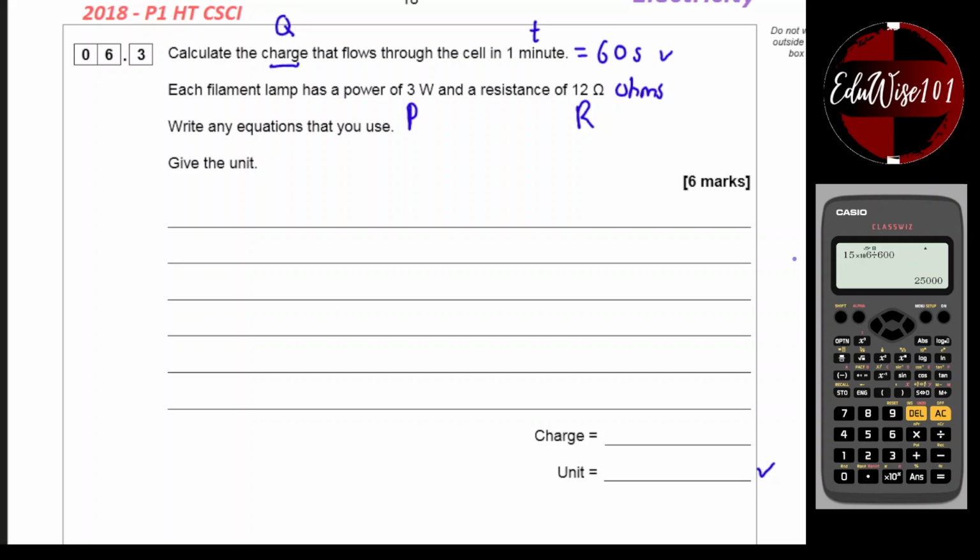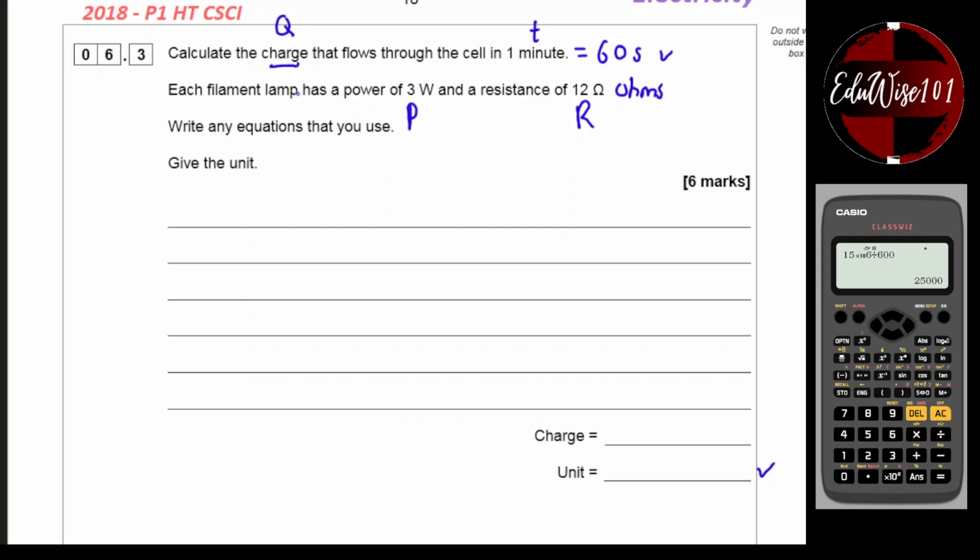Now, because it's a 6-mark question, you are definitely going to be using 2 equations here, right? It's not going to be straightforward, so you have to use 2 equations. What equation can I use now?